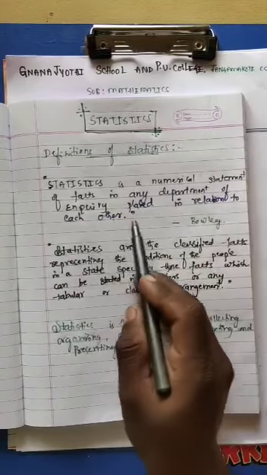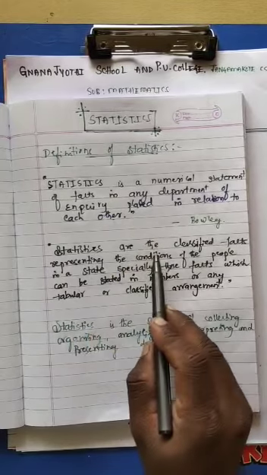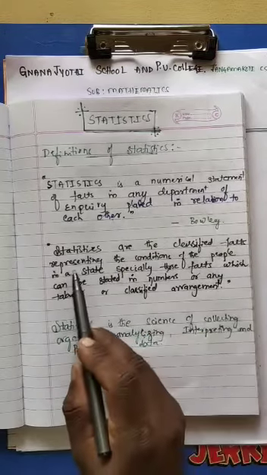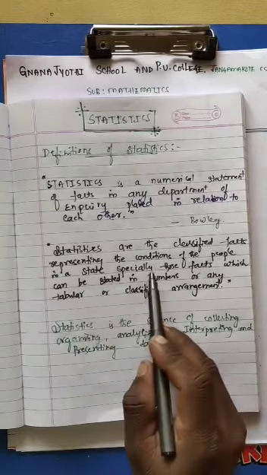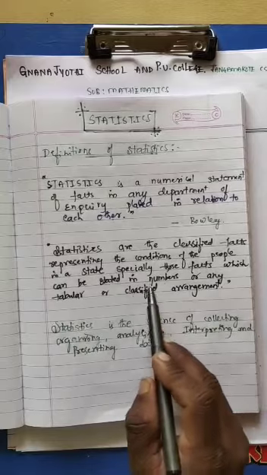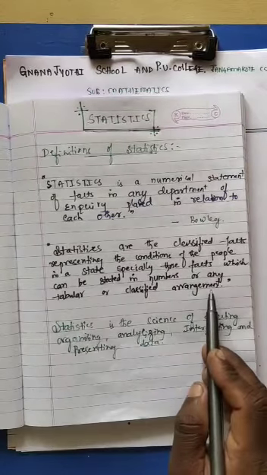And one more definition we have: statistics are the classified facts representing the conditions of the people in a state, especially those facts which can be stated in numbers or in any tabular or classified arrangements.